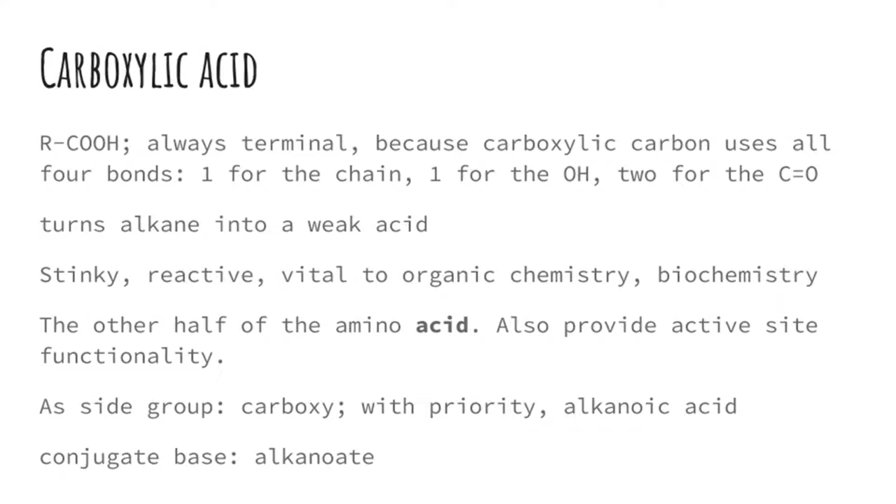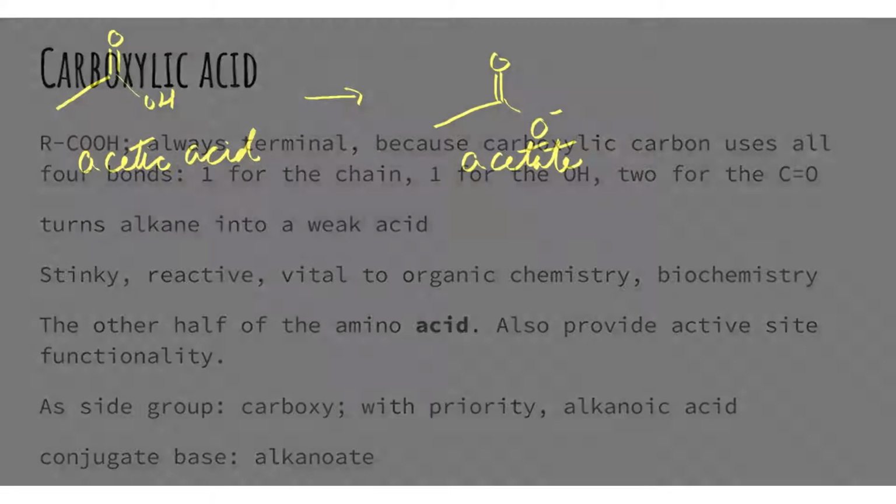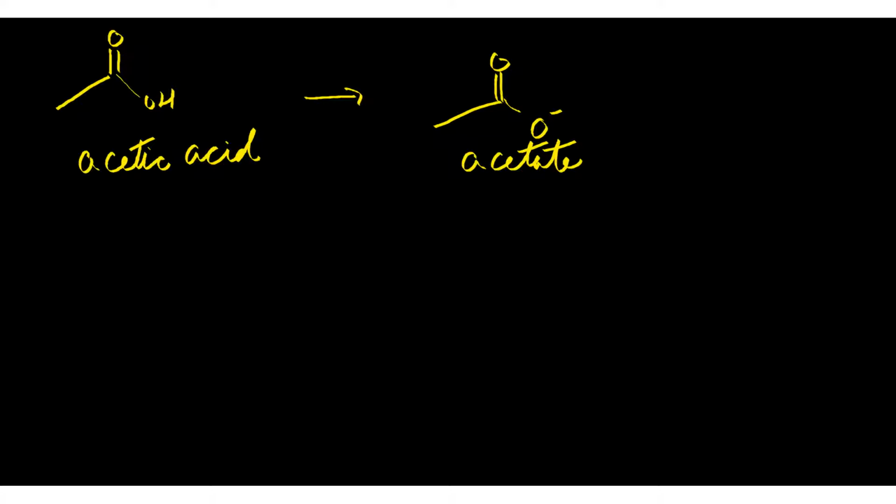Another note real quick is the conjugate base thing. These are carboxylic acids, and weak acids have a basic form. When you remove the acidic proton, you end up with the conjugate base. And if you have, say, acetic acid, then you just remove the ic acid part, and it becomes acetate.